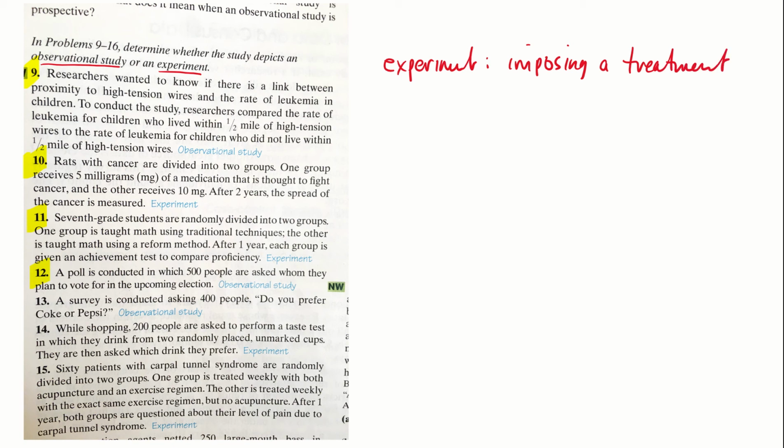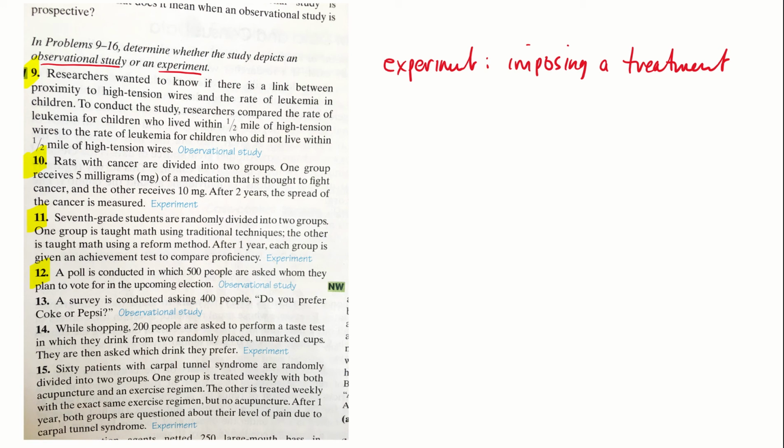Whether that treatment is taking some medicine or doing some exercise or whatever it might be, you're imposing some activity on a group, and then you're not imposing it on another, and then you're comparing the results.